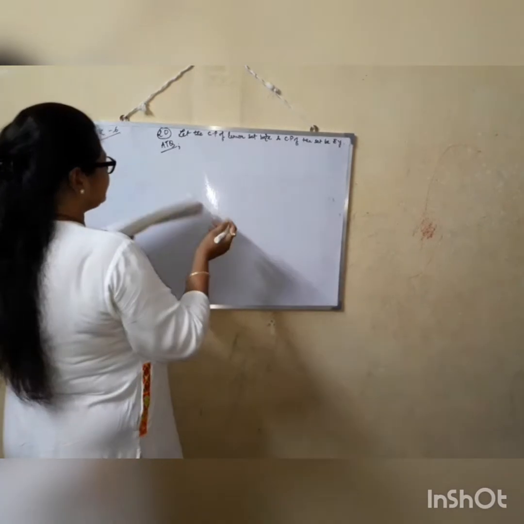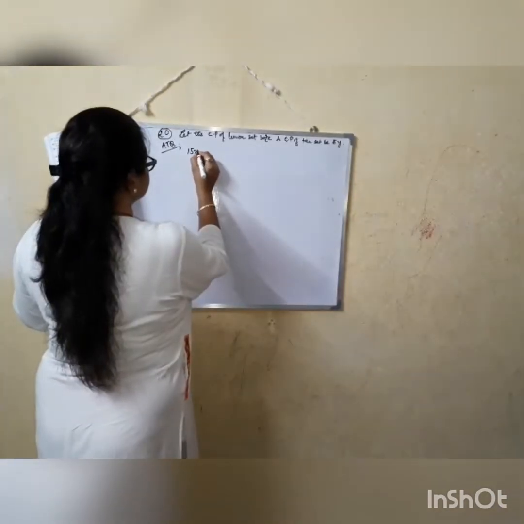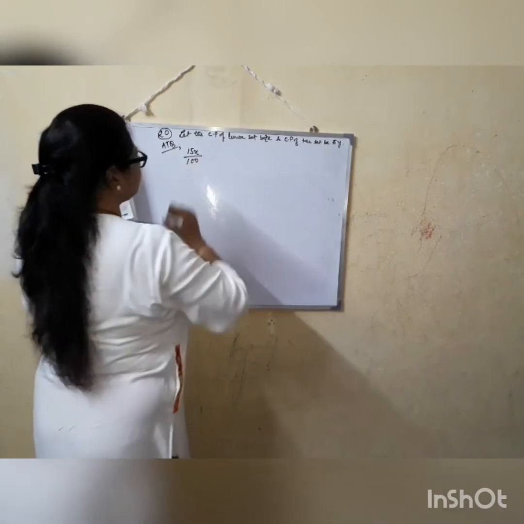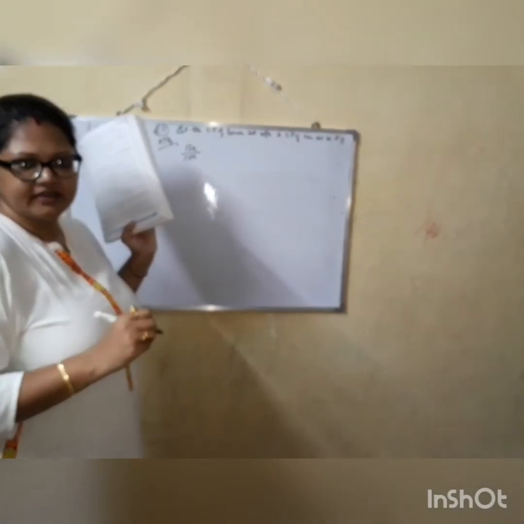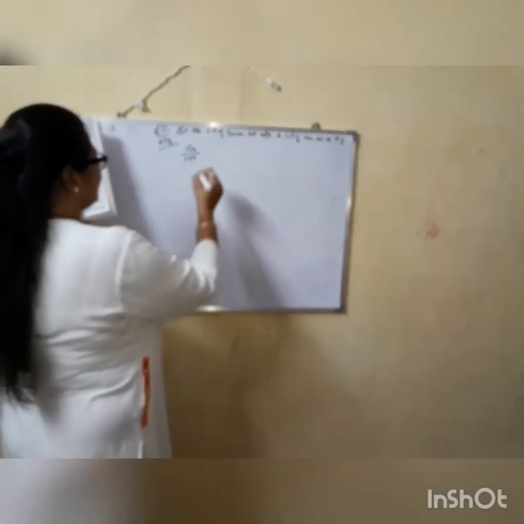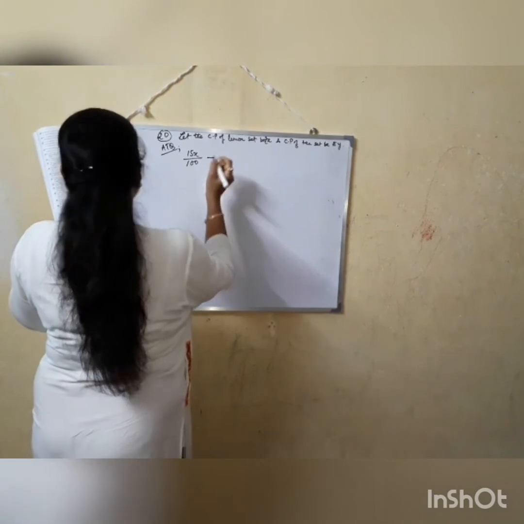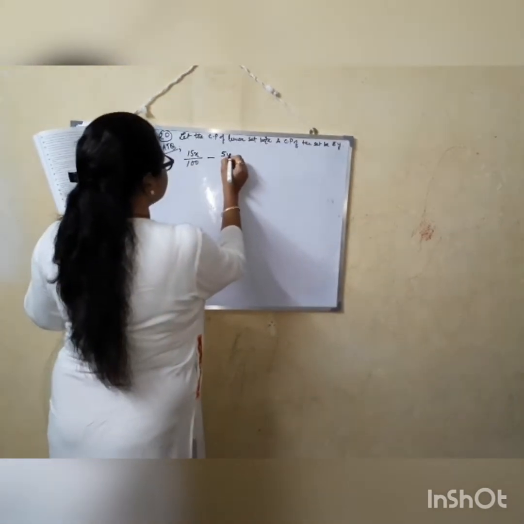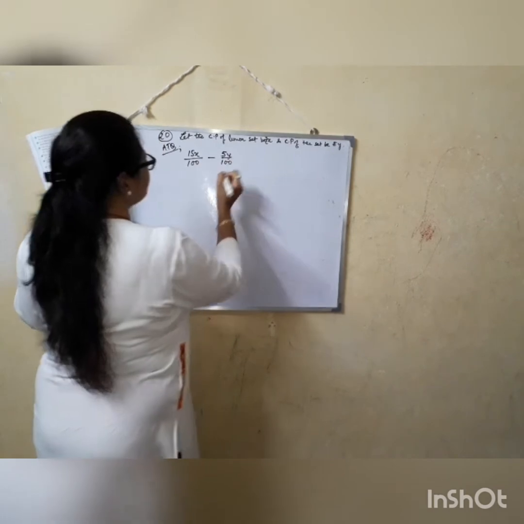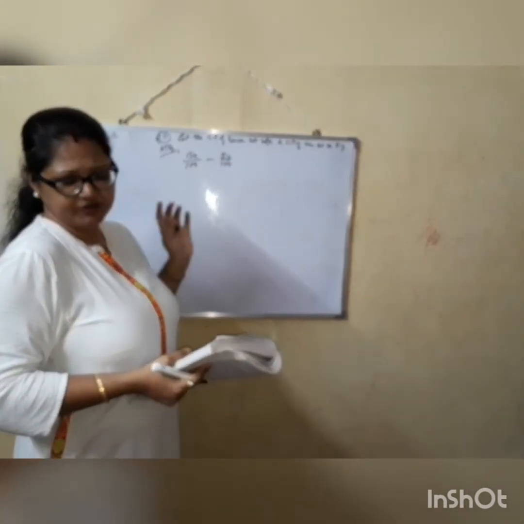So lemon set at 15% gain, that means this is the gain. 15% gain means 15 by 100 into X, and because there is a 5% loss in the tea set, so this will be the loss. Because it is a loss, so it is subtracted from the entire profit amount which has been got.